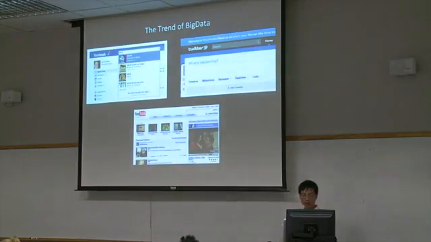I mentioned earlier that deep learning and unsupervised learning cannot use a lot of data. We can only apply them to small problems. So what is the problem? Not being able to use a large amount of data can be a disadvantage, because right now and in the future, there will be a lot of data.